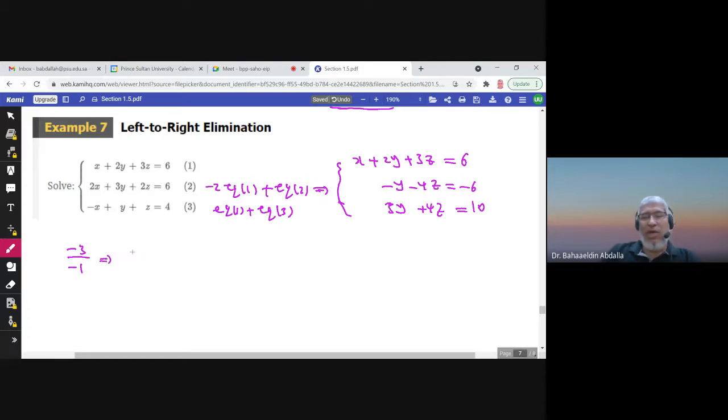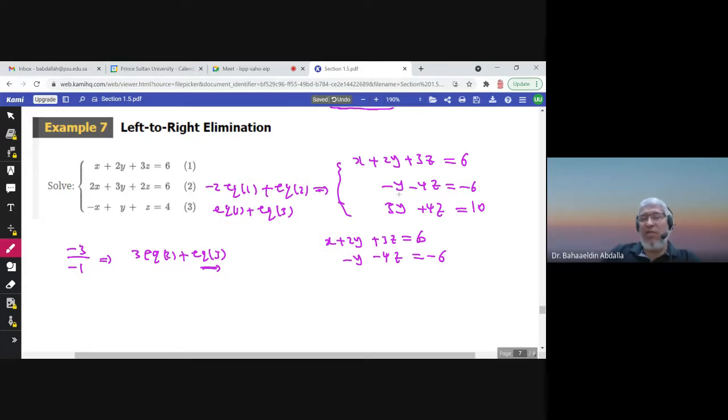So I will multiply 3 times equation 2 and add it to equation 3. And this will eliminate the coefficient of y in the last equation. So I have the first equation as it is, not changed. The second equation also as it is.